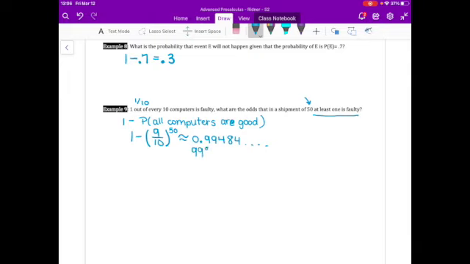But that's about a 99% or 99.4% chance that at least one of them is going to be faulty. So that will help you on some of your problems. This is a common one in college statistics. So keep these notes for future reference.